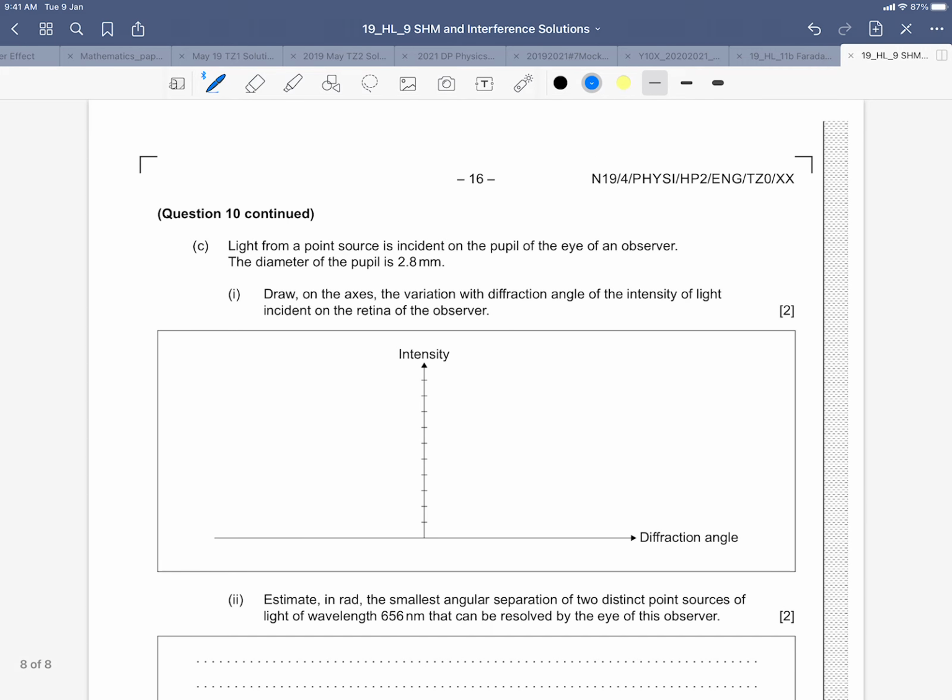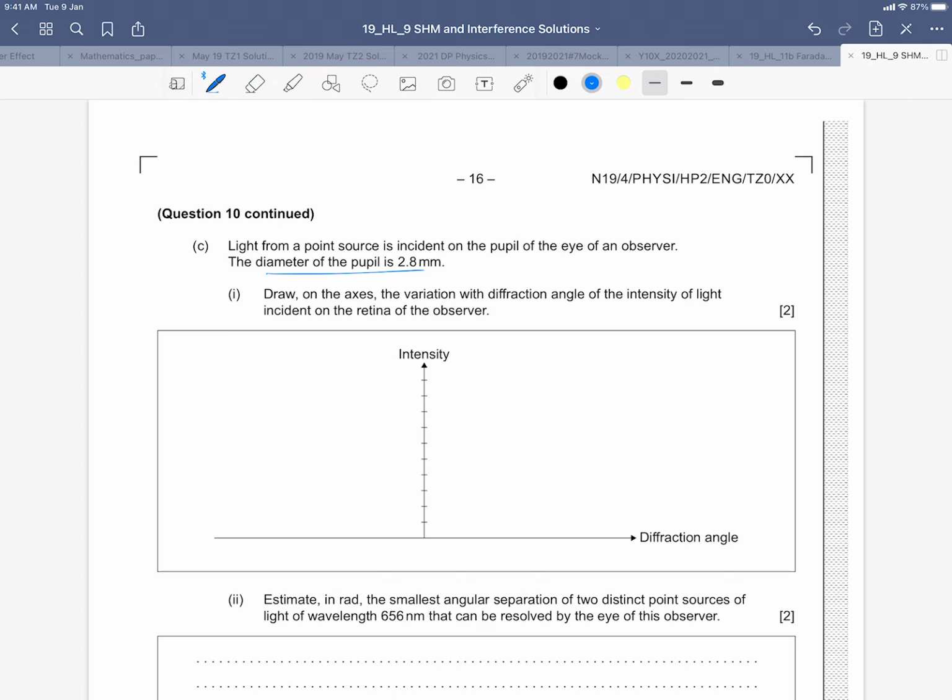Okay, there's still some more questions here. Now we get into the Rayleigh criterion and so on. They also just want you to show that you know how to draw a single slit diffraction pattern. So we're looking at the pupil of the eye. We have the diameter of the pupil.